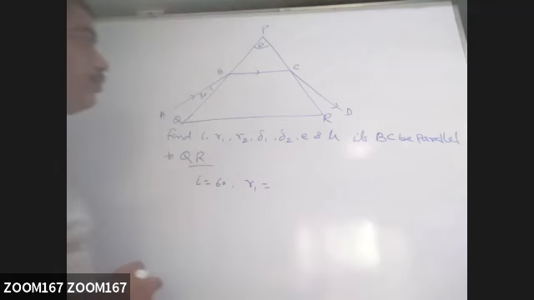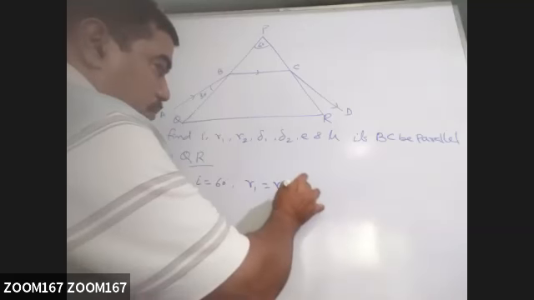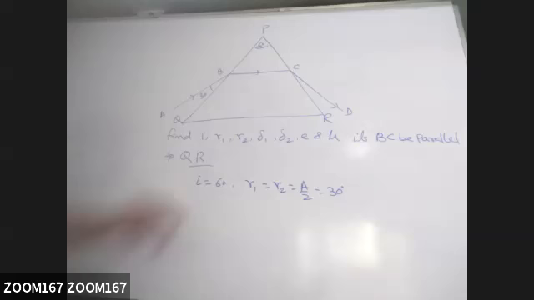Okay. What is R1? So here R1 equal to R2 will be A by 2, that is 30 degree. As refracted ray is parallel to base of the prism, this is the minimum deviation case.